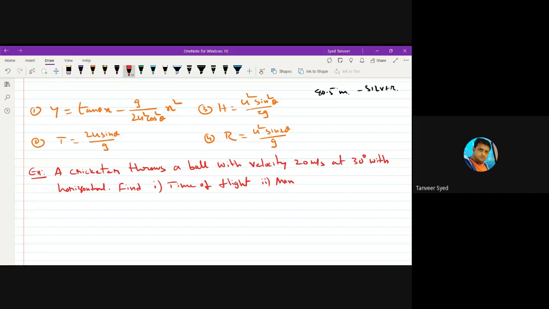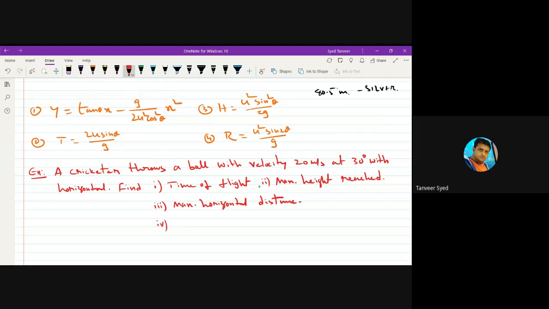Number 2, maximum height reached by the ball. Number 3, maximum horizontal distance covered by the ball.